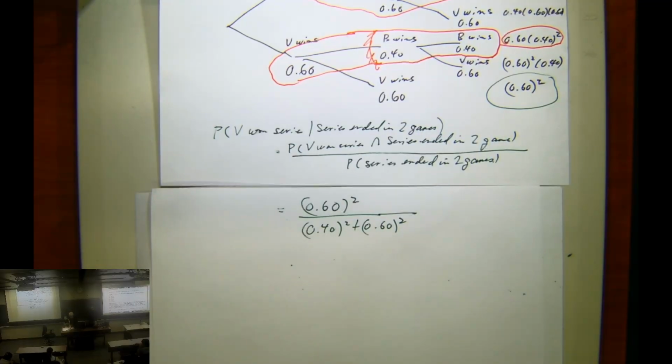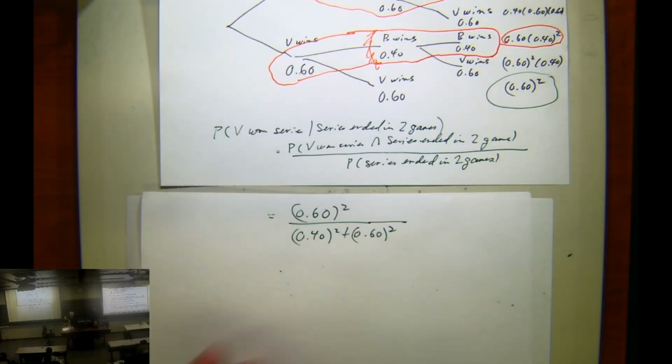Okay, let's look at another question I wanted to address, which is 42 and 43. So this is the kind of question that can really lock people up because there's so many possibilities going on here.